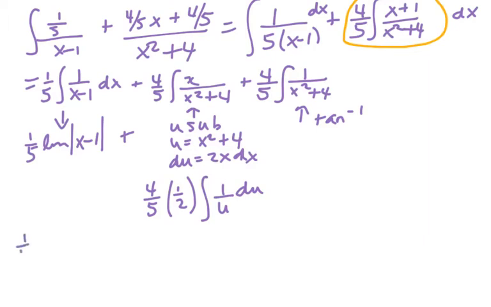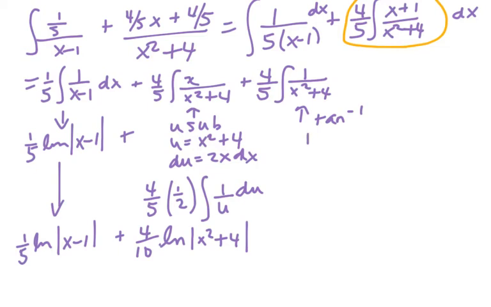So this is 1/5 ln of x minus 1. That just comes down. This is simply 4/10 ln of, I'm going to substitute back in for u, so this is ln of x squared plus 4.